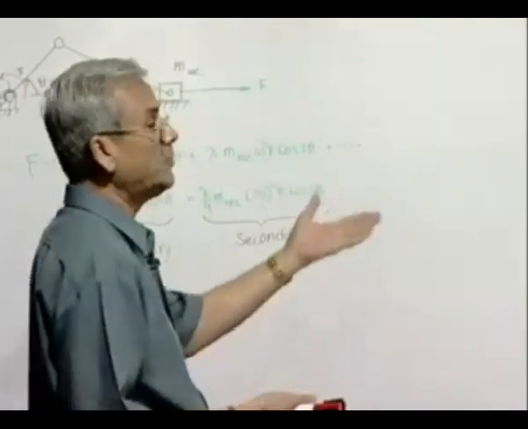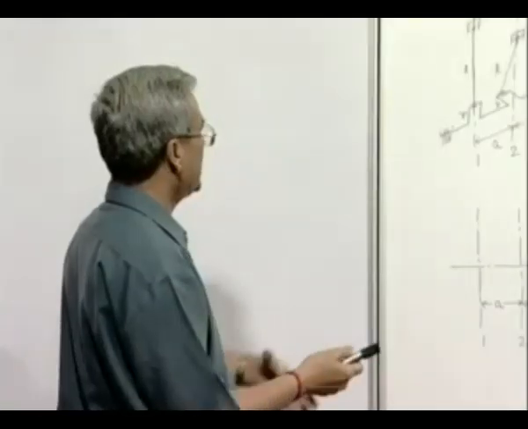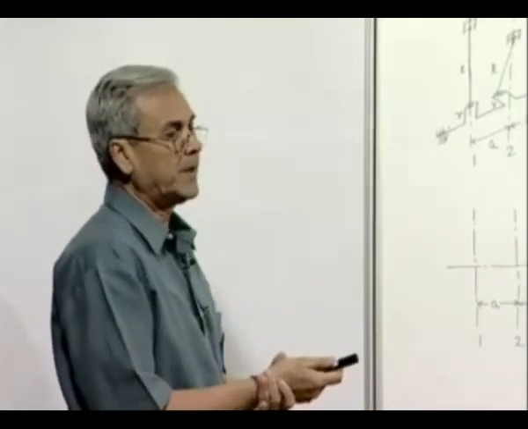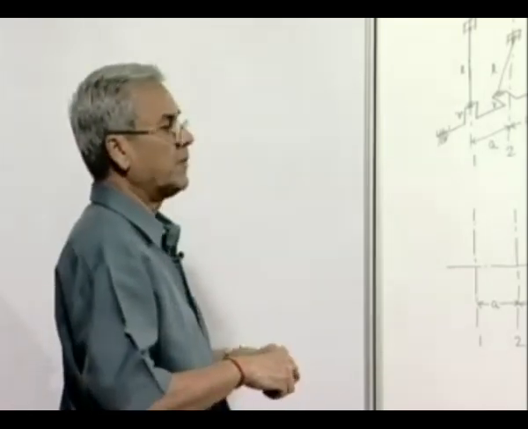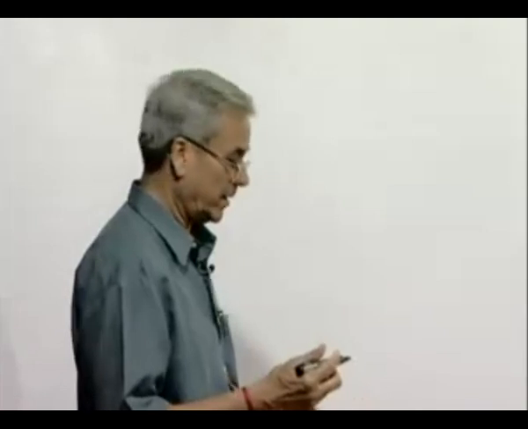That means the system will be really balanced. So I will explain the whole situation, how to analyze a multi-cylinder inline engine, with the help of certain examples. So, first example, let us take a 4-cylinder engine which is working on a 2-stroke cycle.